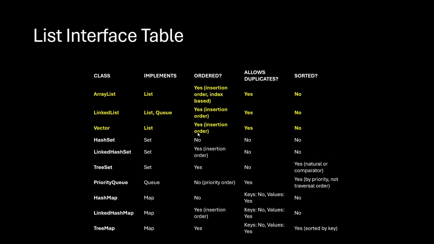They're all ordered, which is what makes them lists. They're all ordered based on insertion order. They all allow duplicates, but they are not sorted. If you want to sort them, you have to call a method for that, usually something like Collections.sort. And of course, LinkedList also implements Queue, but we'll talk about that another time.